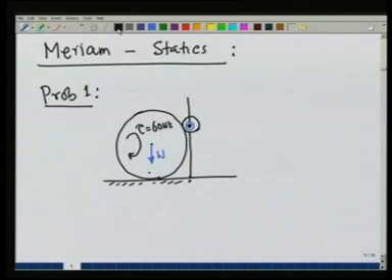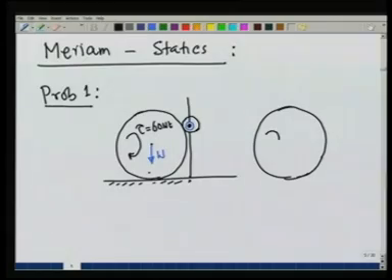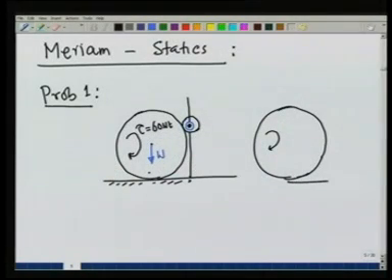Since the wheel does not move, therefore, it is a static equilibrium problem. There is a torque like this, wheel would have a tendency to rotate in counter clockwise direction, and therefore, there would be a frictional force generated like this. The other force would be provided where the roller is touching the force.